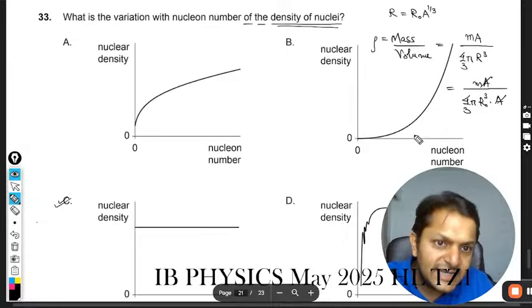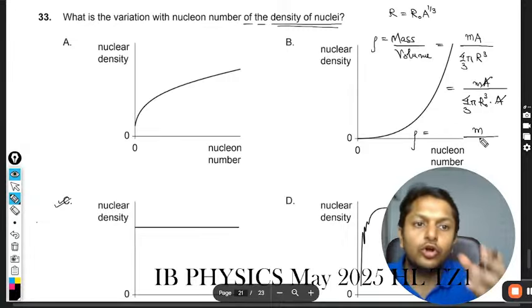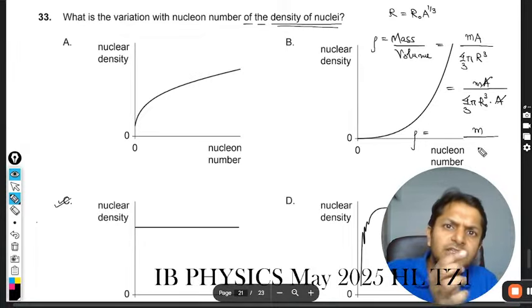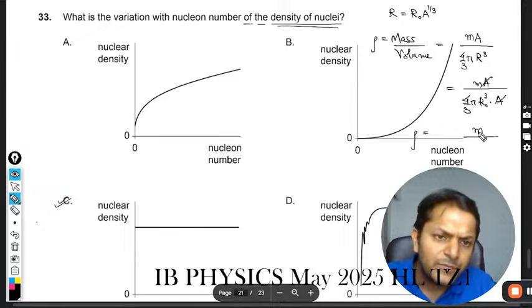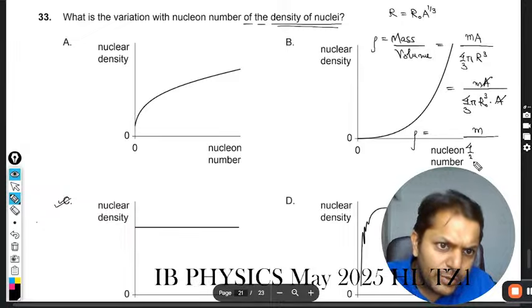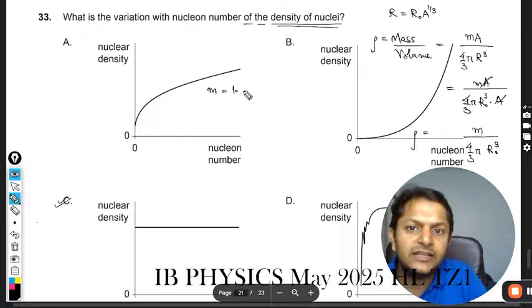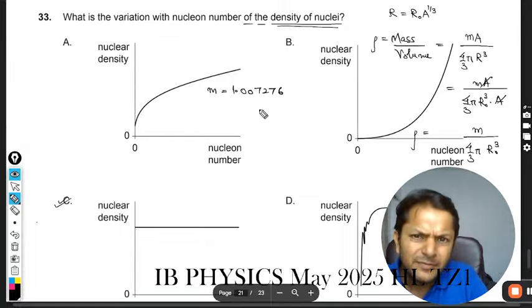So the density of the nucleus becomes m, the mass of proton or the mass of neutron, which is almost the same, 1.007276 something. And 4 by 3 pi r naught cube is also a constant. So m value can be taken as 1.007276 for proton.